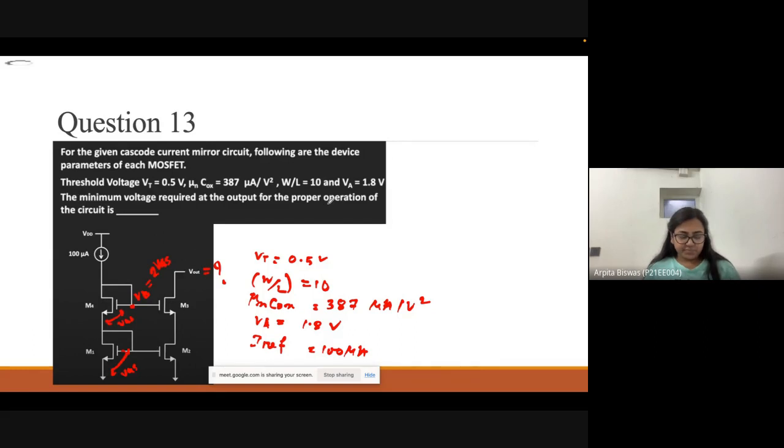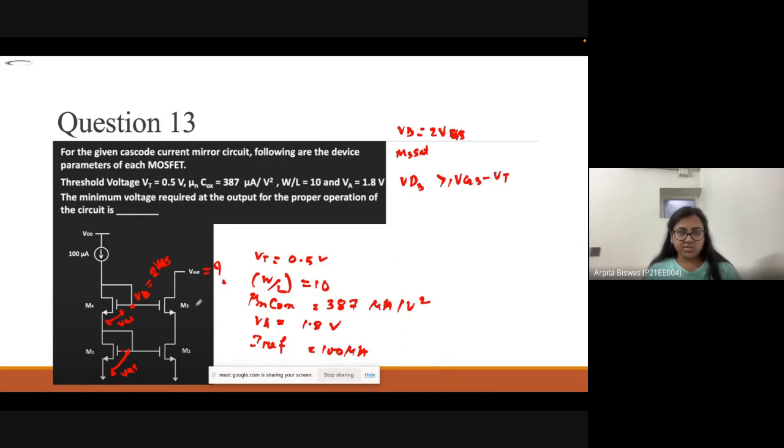Okay, so if M3 is in saturation region, then VD3 is greater than VGS3 minus VT. And also we have to write VB equal to twice of VGS. VD is V output.